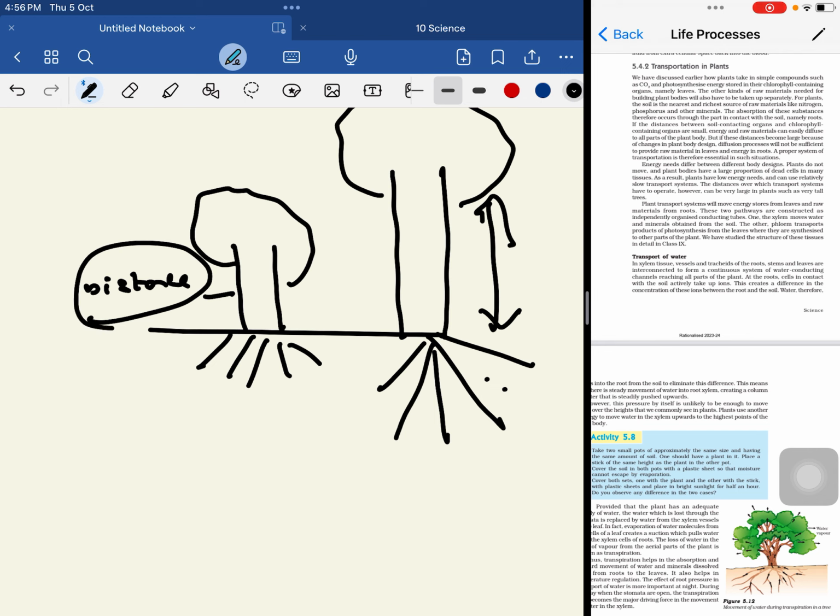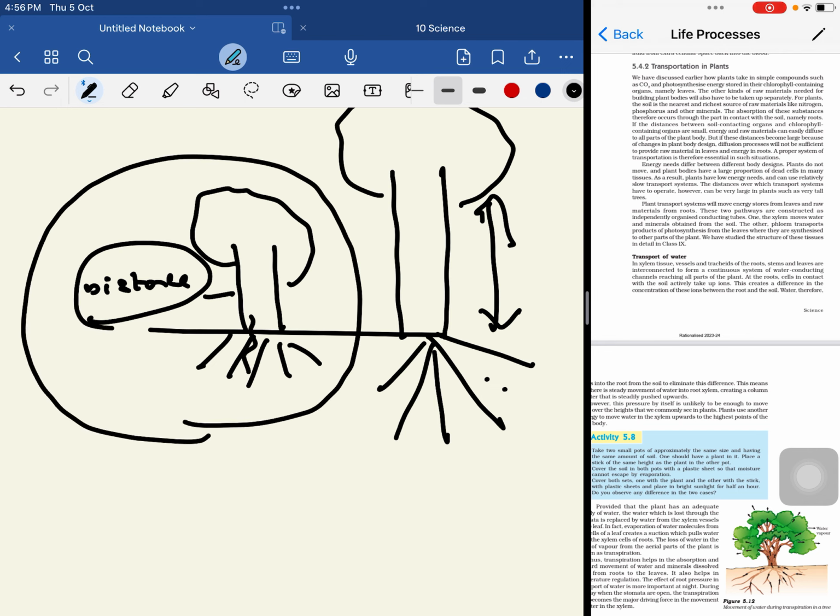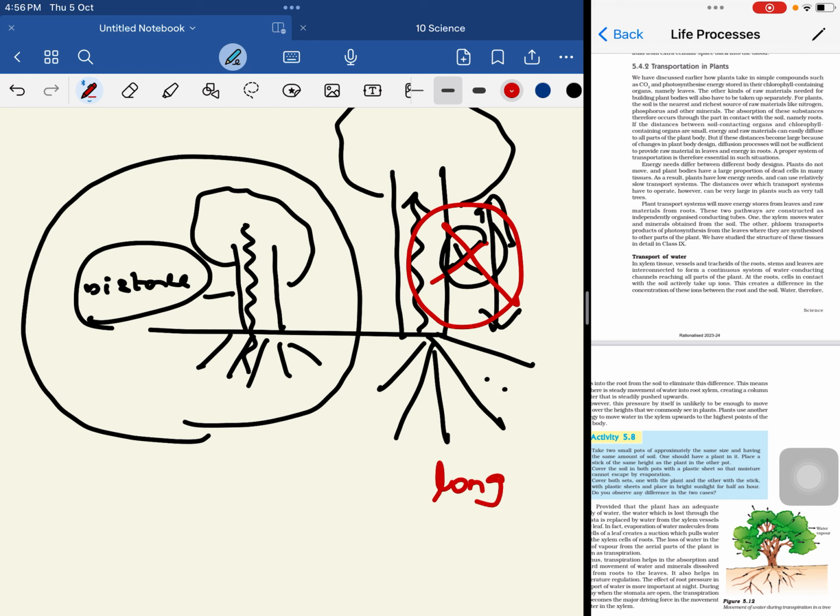From the roots, the raw materials are transported easily to short trees, but for long trees it is very difficult to transport.